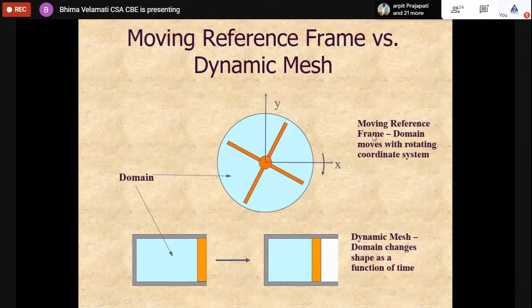That is what is called moving reference frame. Then you have dynamic mesh, where because I have a piston motion, I cannot solve it in the moving reference frame here. The only option is that I have to modify the mesh with respect to time because the shape of the domain is changing. So these are two different approaches for solving moving domain problems.